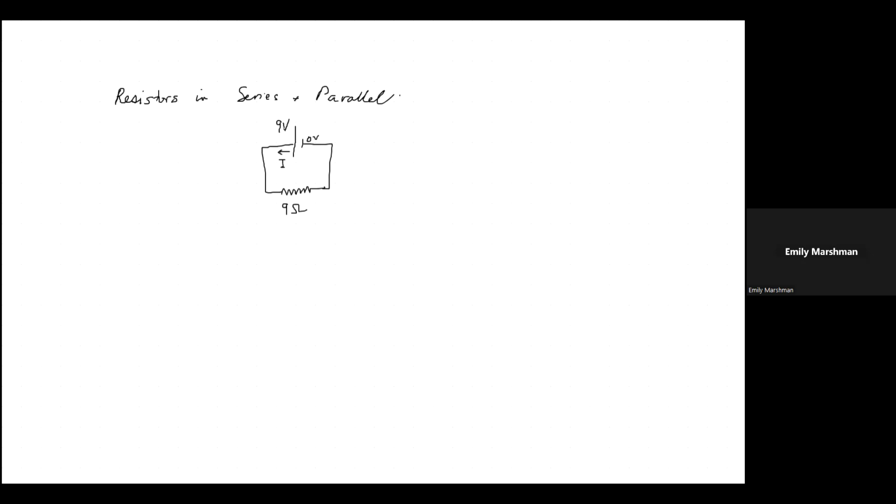I only have one resistor here. And the voltage across that resistor is 9 volts, right? This side of the resistor is connected to the 9 volts. This side of the resistor is connected to the 0 volts. Okay, so there's a 9-volt drop across this resistor.